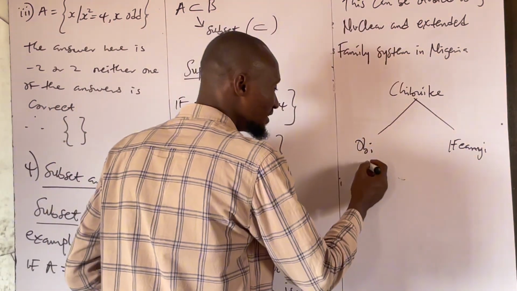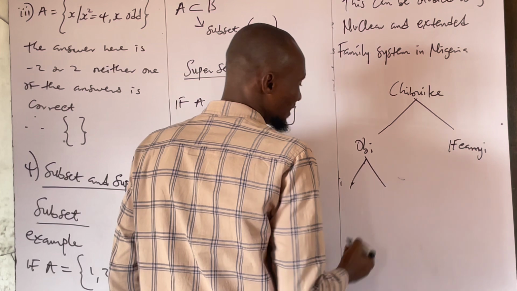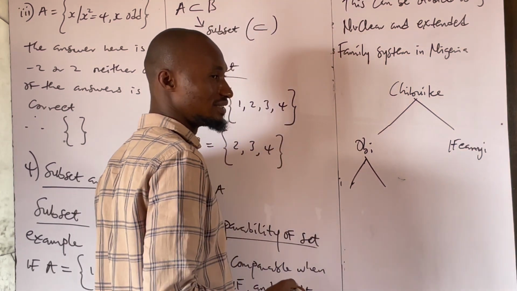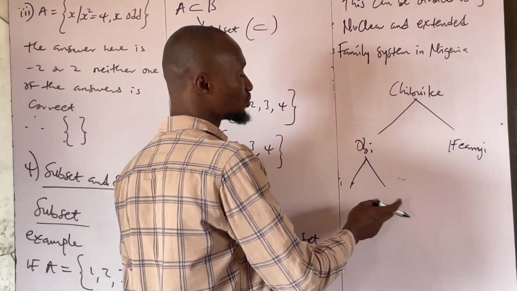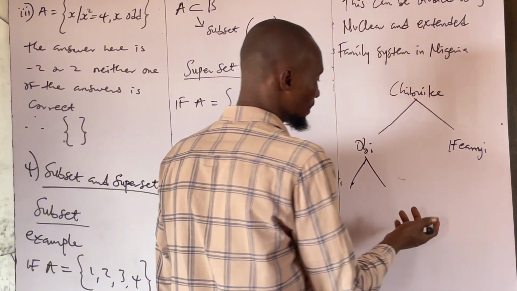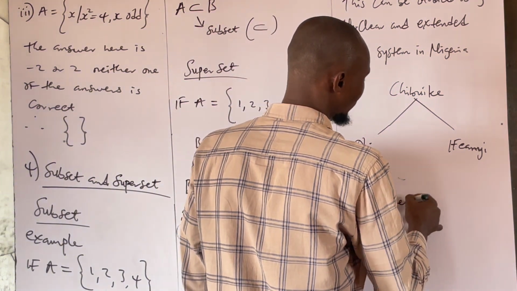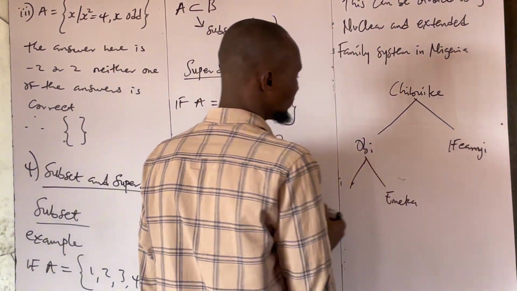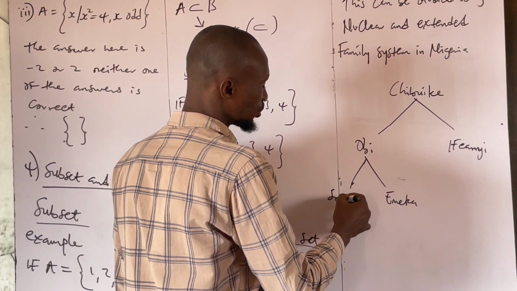Now, Obi got married and gave birth to Emeka and Sonto.